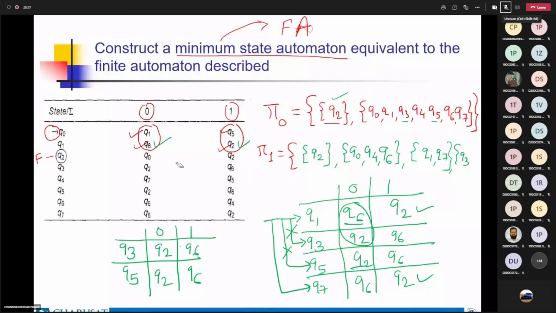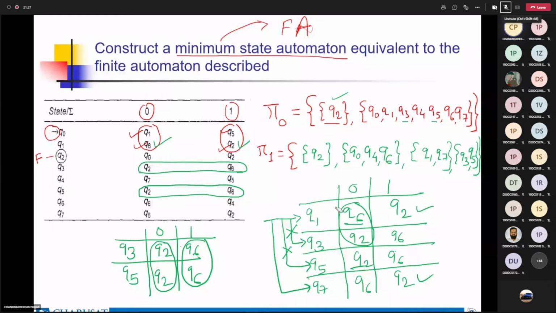If you observe the transition of Q3 and Q5, same: Q2 and Q6. Understood? So when same transitions are there, most probably they are equivalent. Q2, Q2 within one set, Q6, Q6 within one set. So here I am going to write down Q3, comma Q5. And here I close the set. Okay?